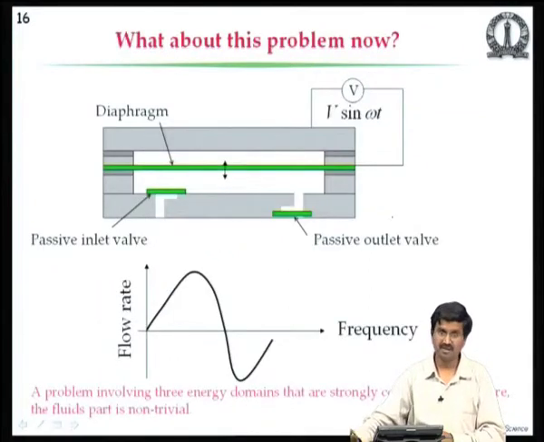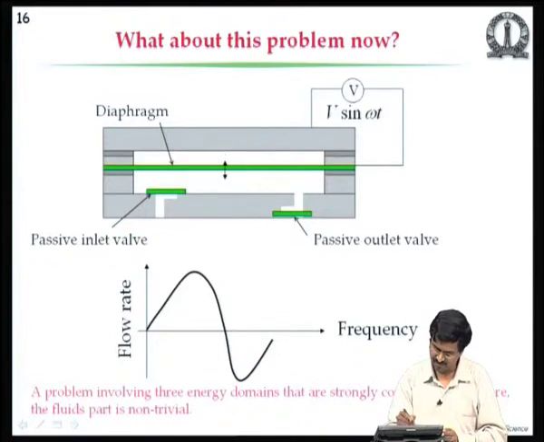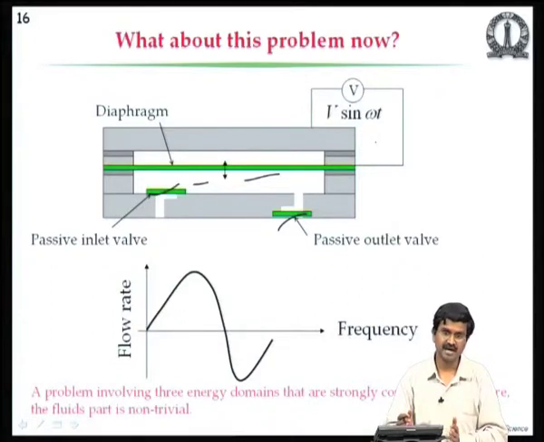To summarize, let us take a problem such as this, where there is a diaphragm that moves up and down, there are two valves that move in and out like this, and there is electrostatic force. So, there is an elastic domain, there is a fluidic domain, and electrostatic force. There very strange things can happen, and all that can be modeled using the basic equations that we have discussed.